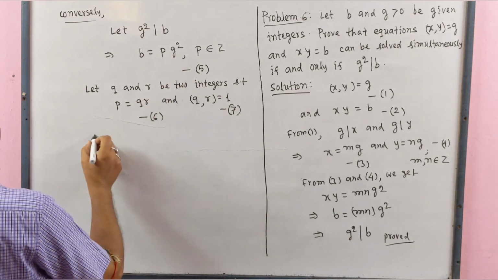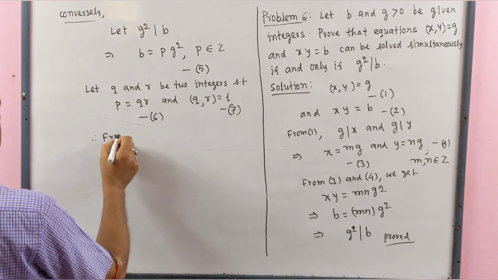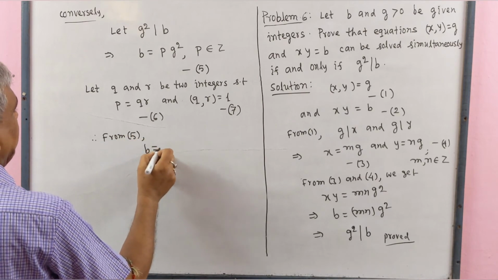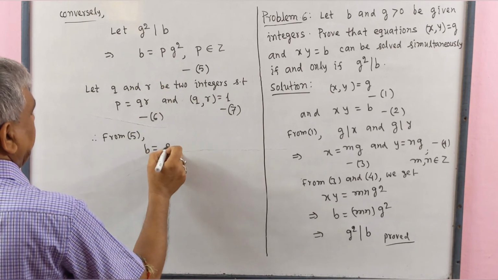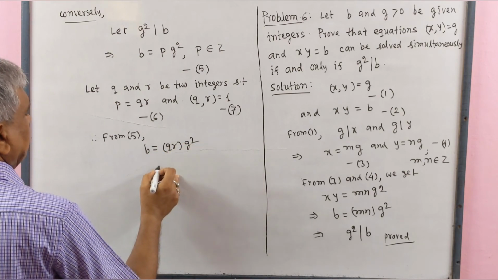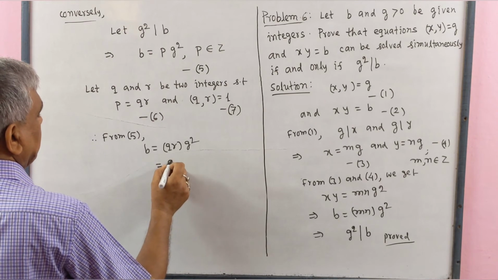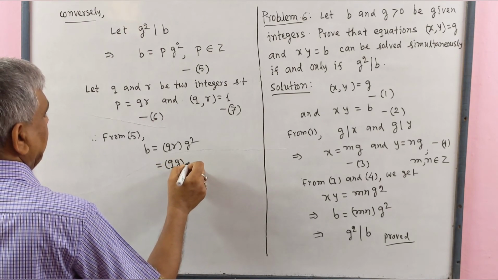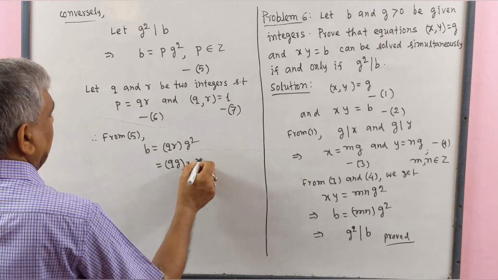Therefore, from 5, b equal to p means qr g square. This equal to qg multiply rg.